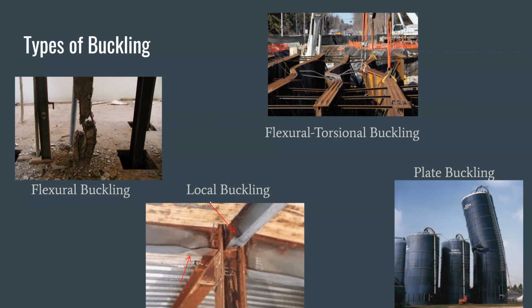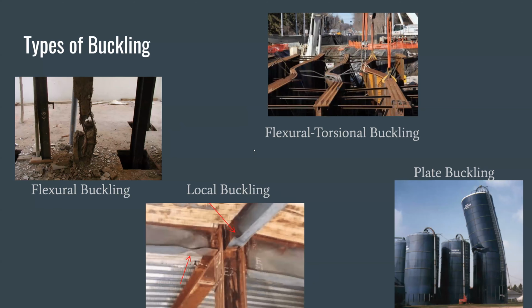The next one is called local buckling, and this is where only a portion of the part has some buckling. Sometimes this is actually sought after because it can help with alleviating stresses throughout the entire part.